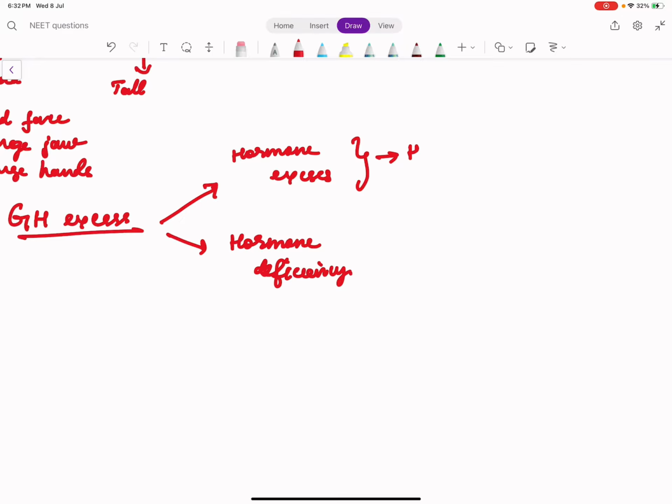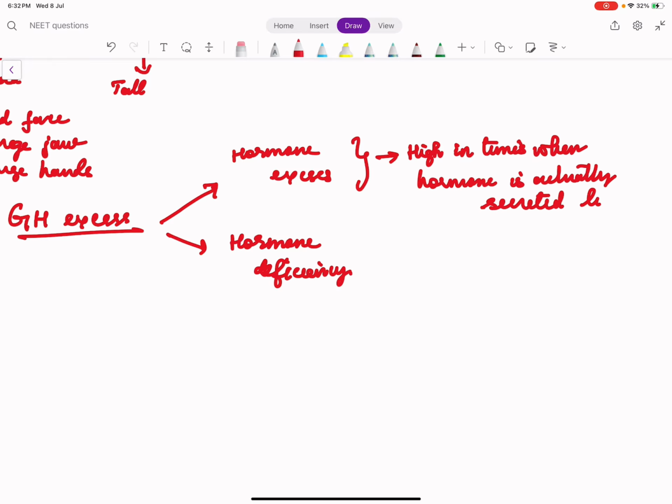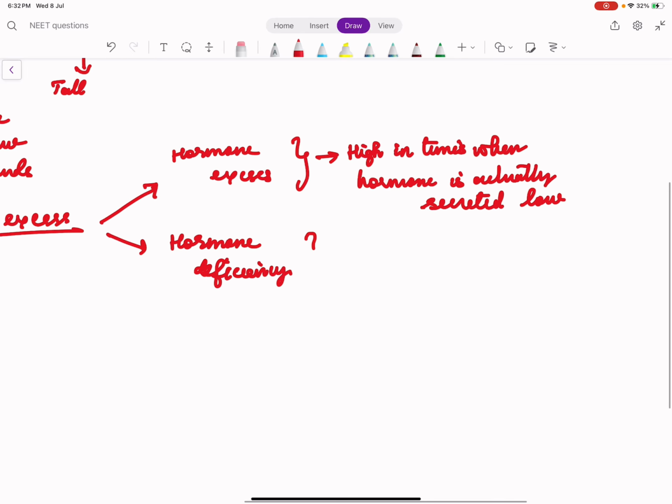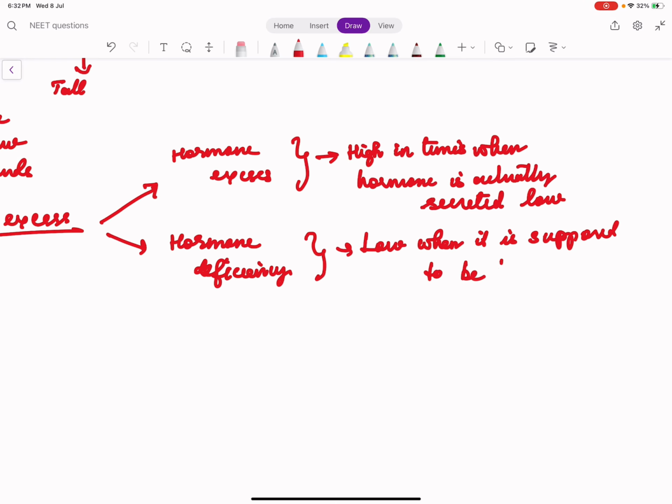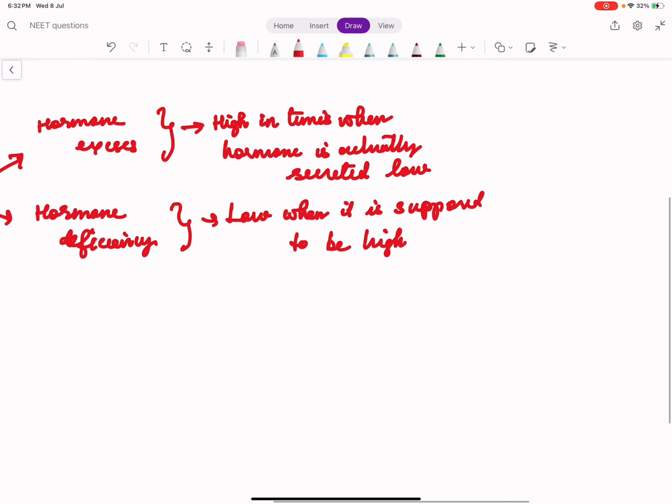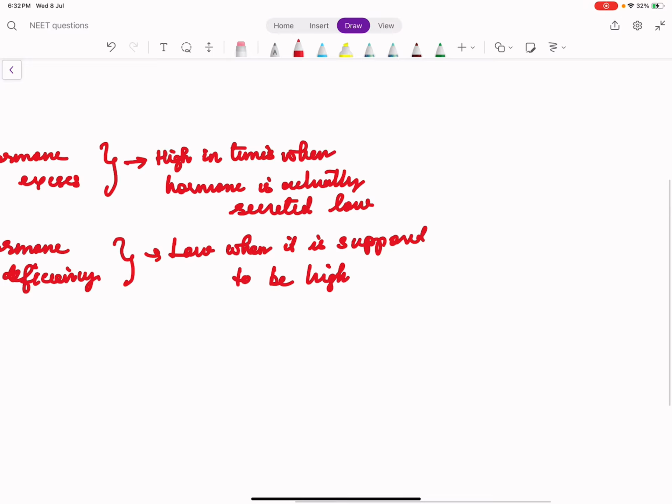It has to be high at times when the hormone is actually supposed to be secreted low. When you say a hormone is deficient, the hormone level is low when it is actually supposed to be high. This is when you suspect hormone deficiency or hormone excess.